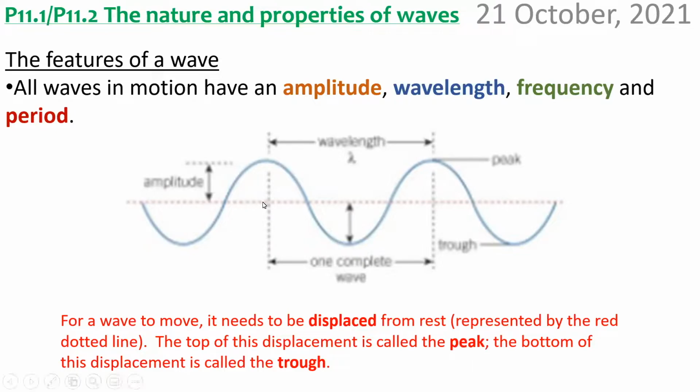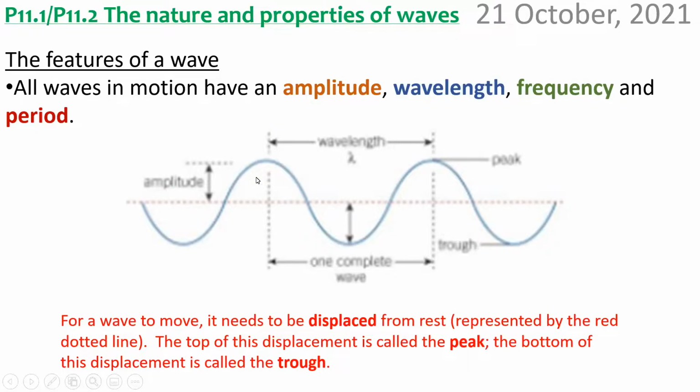The amplitude is how far the peak is from the middle or the zero line. The peak is the highest point above the line, and the trough, spelled the same as what a pig eats out of, is down here. So, a peak and a trough.